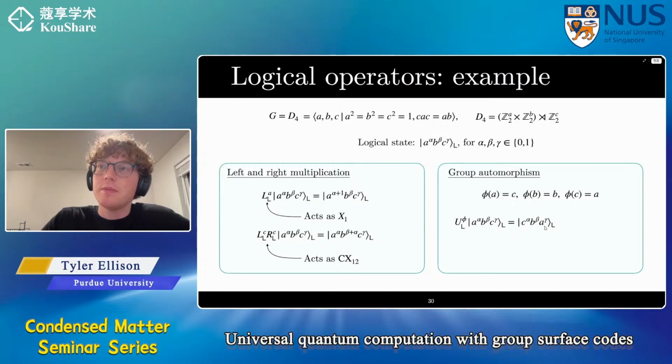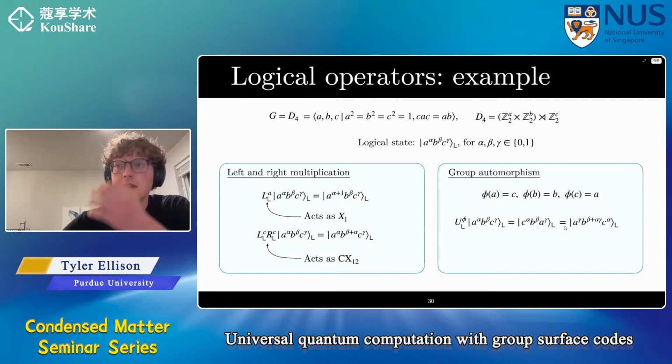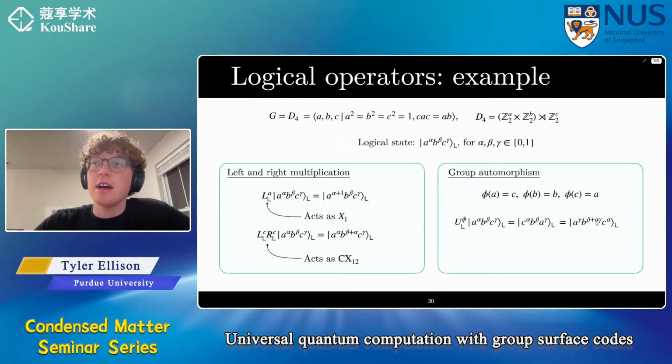It's generated by A, B, and C. A, B, and C also square to 1.